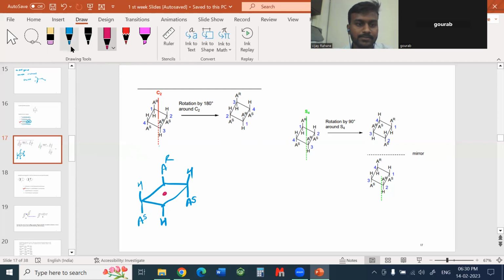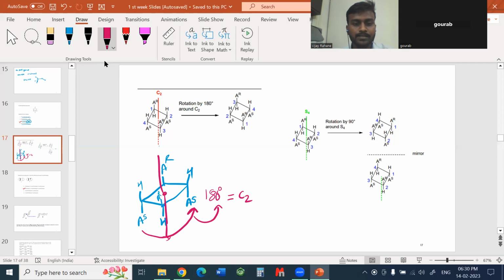So the axis passes through this center, and here we can see that if we rotate this molecule by 180 degrees, what does it refer to? It refers to the C2 axis, right? So after rotating this molecule by 180 degrees, this AS will go to the position of the second one.